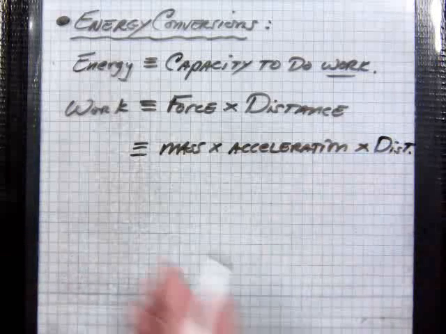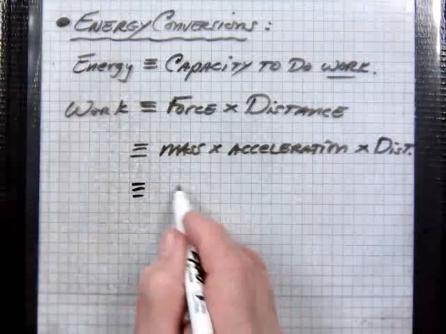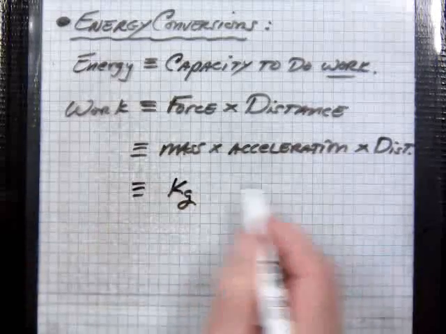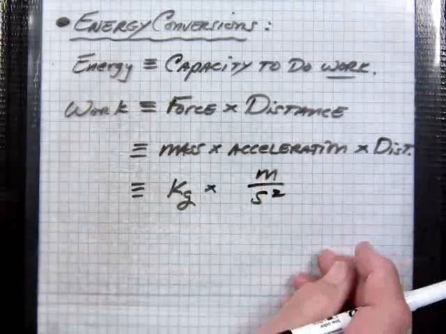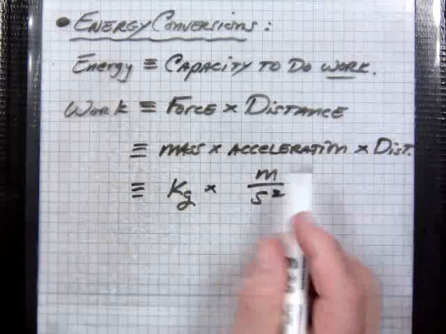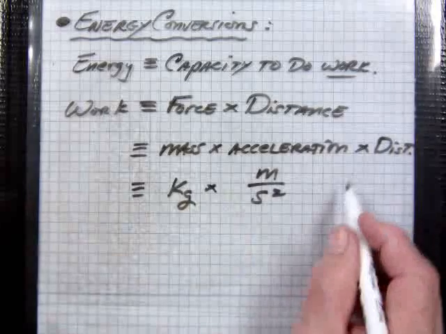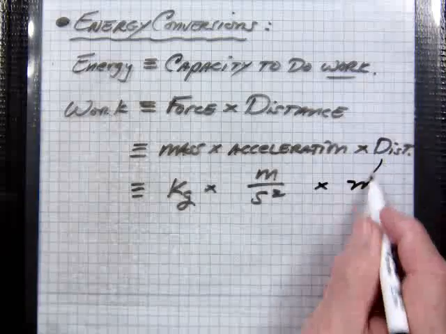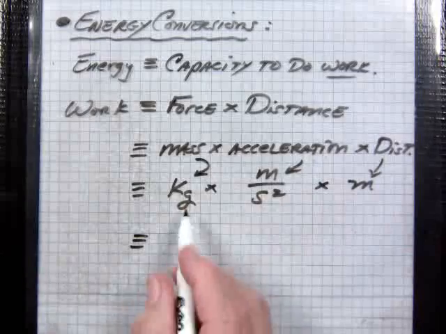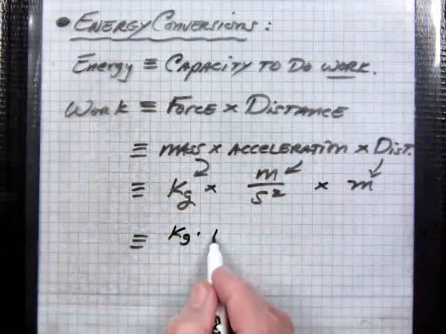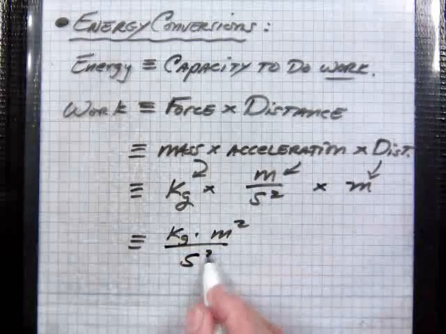Like that. Well, if we apply the SI units to that, we have kilograms for the mass times meters per second squared, which is the fundamental unit for acceleration, and then times distance, which is in meters again. If we combine those, we get a complex unit that looks like this: kilogram meters squared, since meters times meters gives you meters squared, divided by seconds squared.